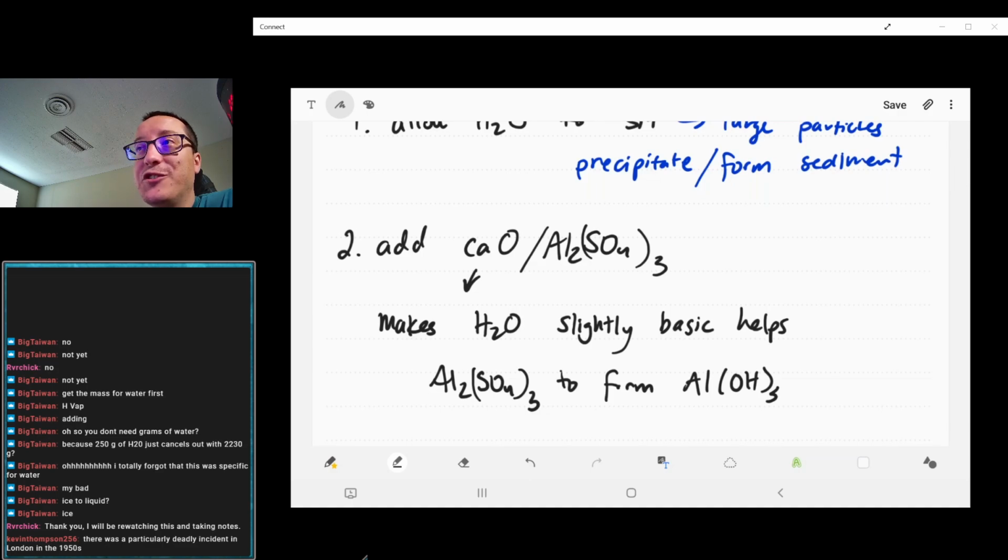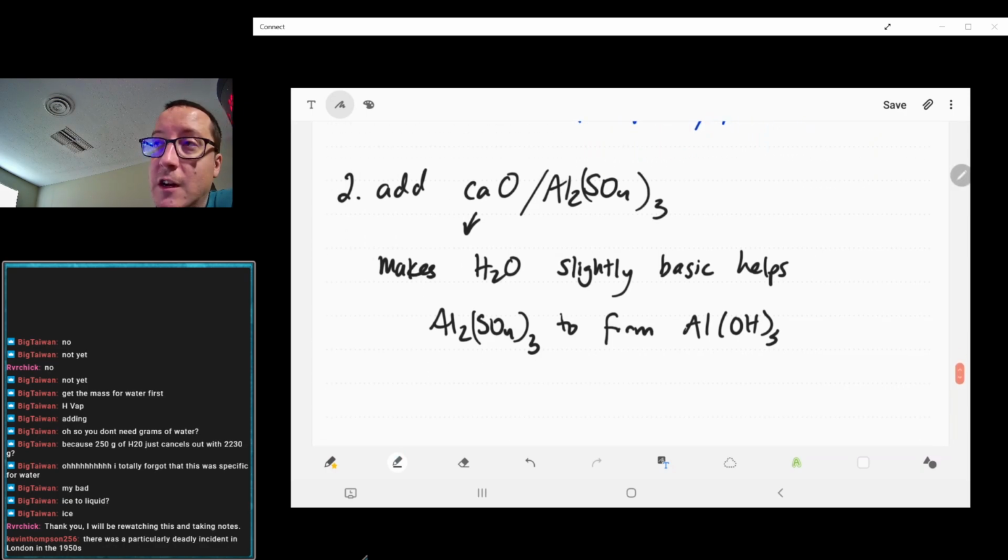What's interesting about this aluminum hydroxide is that we saw it can form a complex at high hydroxide concentrations, but if it's just slightly basic, it's a solid. It precipitates out. But the type of precipitate this forms is very goopy.